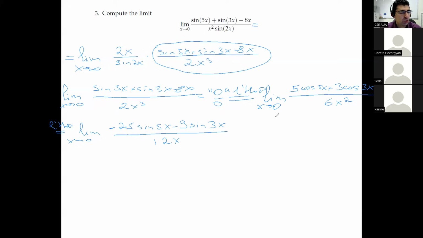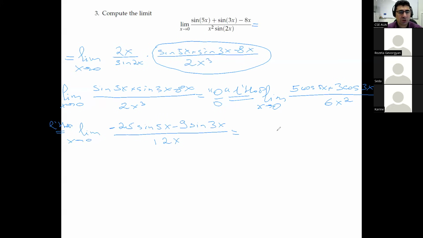Here, you can again plug 0, see 0 over 0, and do once more L'Hopital, or alternatively, we can apply useful limits. Let's do useful limits.